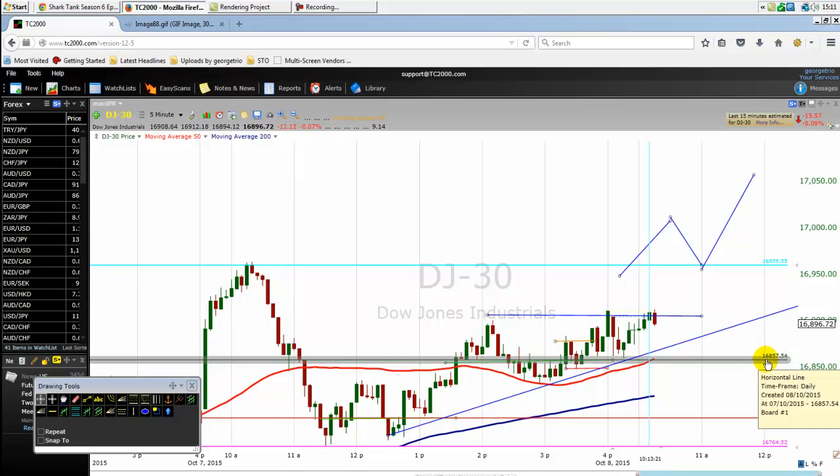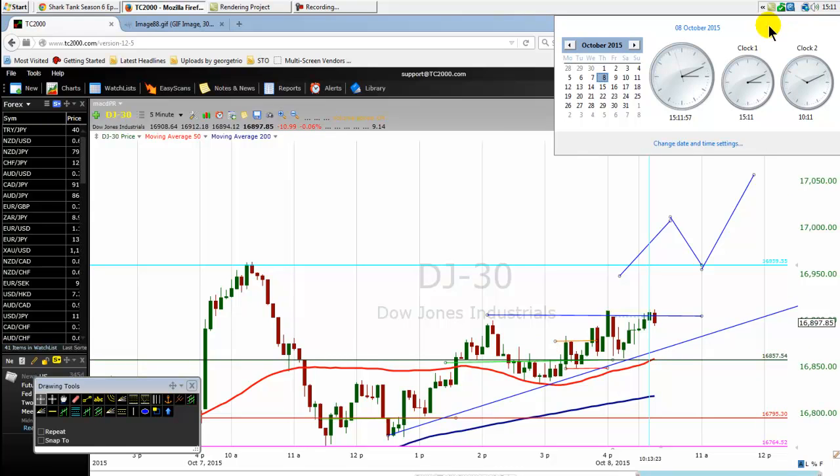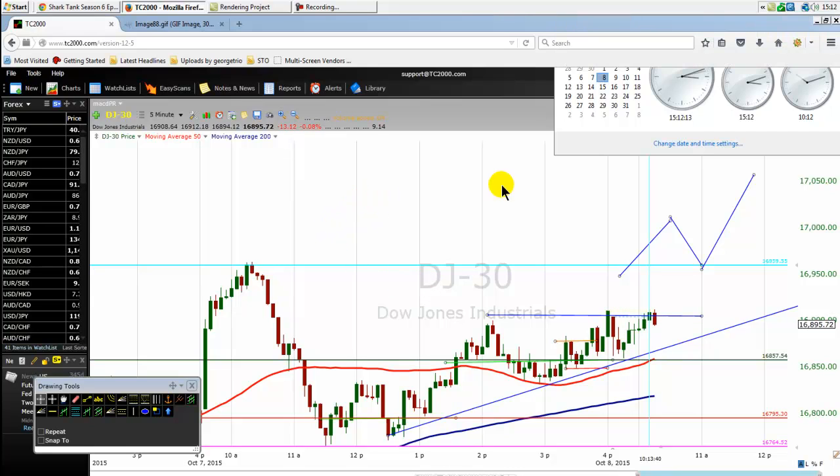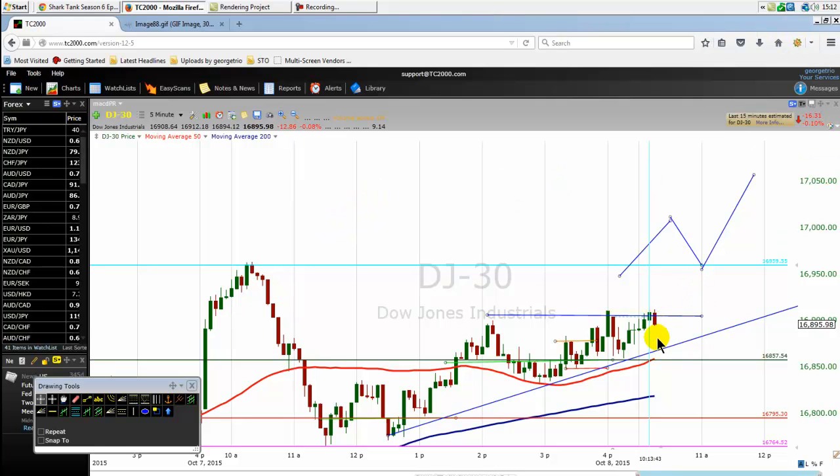The time now is 11 minutes past 3 p.m. in London, and 12 minutes past 10 a.m. in New York. The first 30-minute candle is closed when New York is open. We are now waiting for the market to show us the direction.